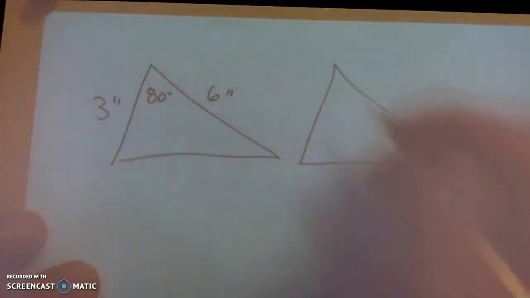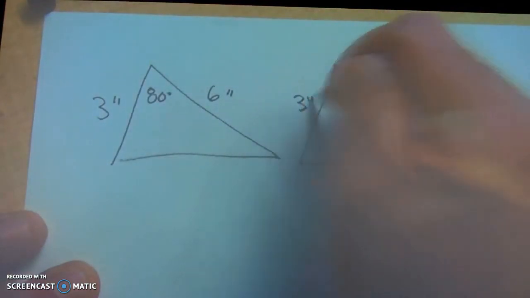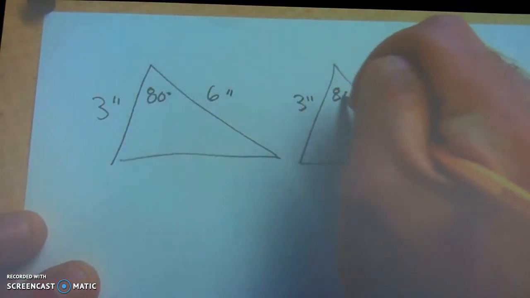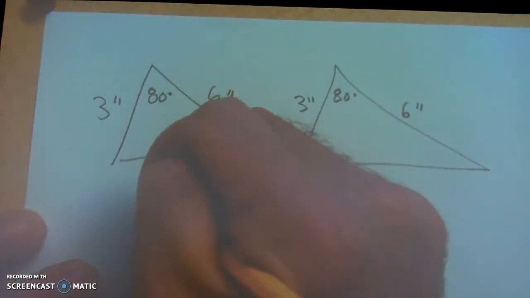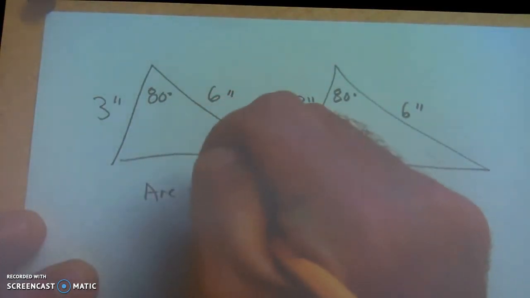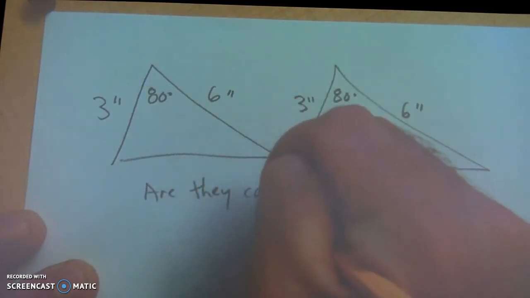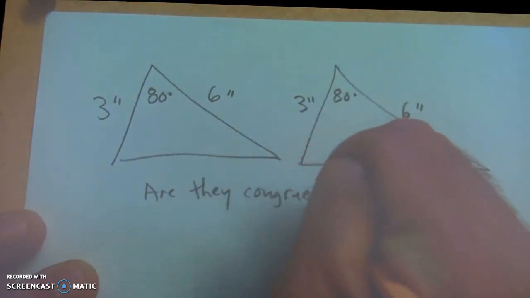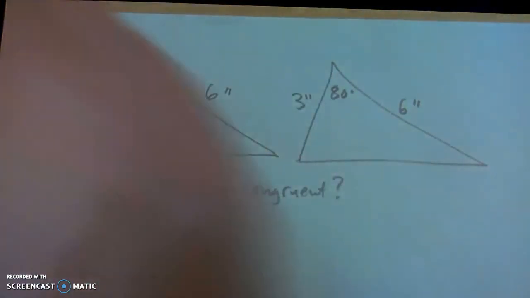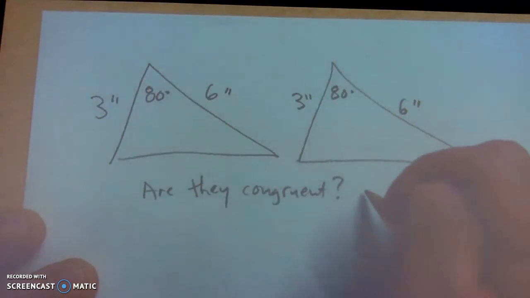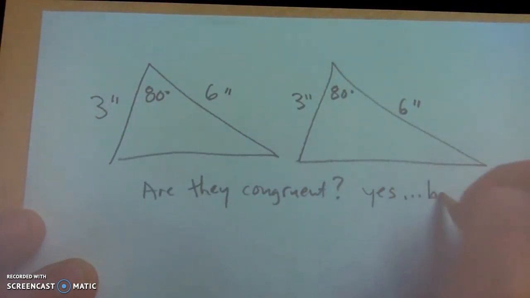And then the other triangle will say, well, maybe it's the same measures, 3 inches, 80 degrees, and 6 inches. And the question is, are they congruent? Is there enough information there to prove they're congruent? Okay, based on what we did on the front, the answer is going to be yes. And the reason will be by what postulate.